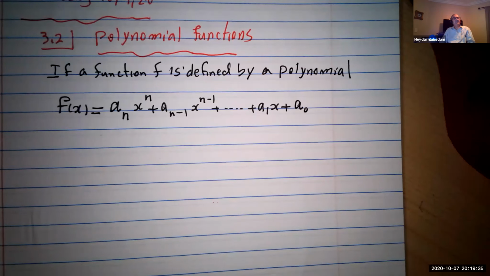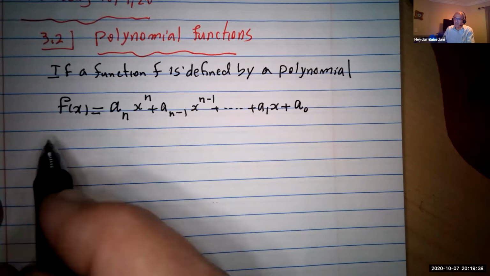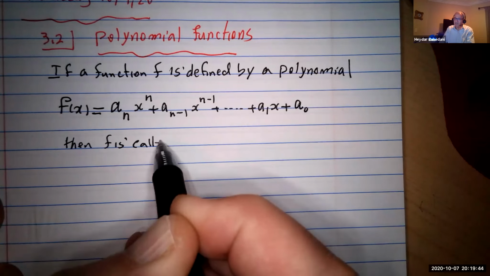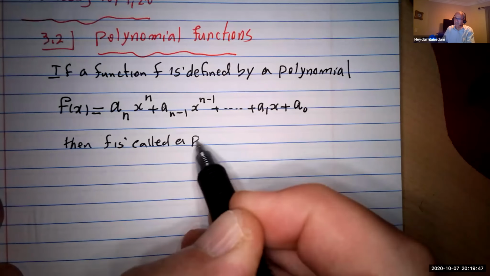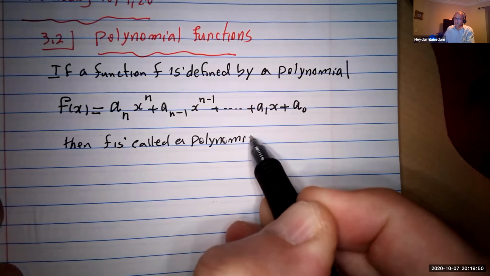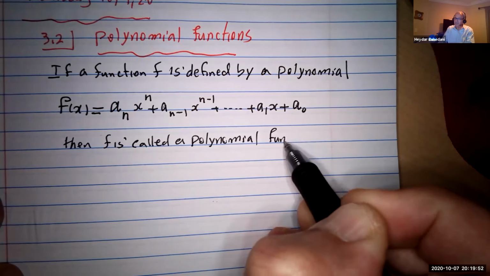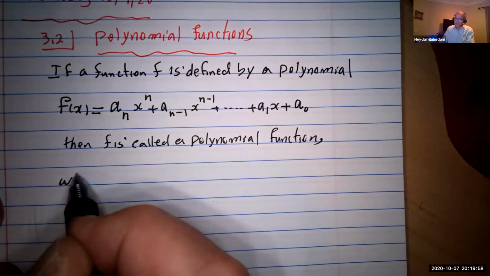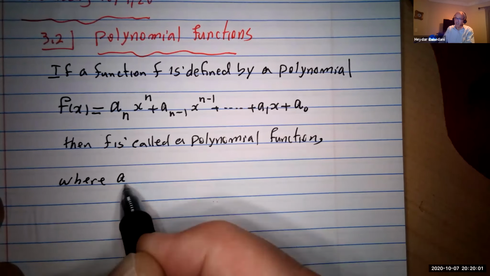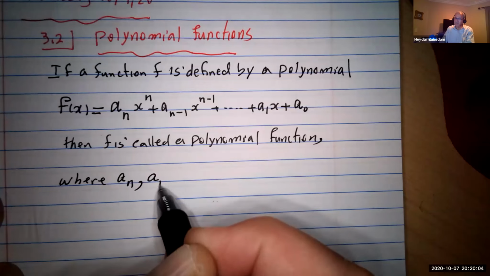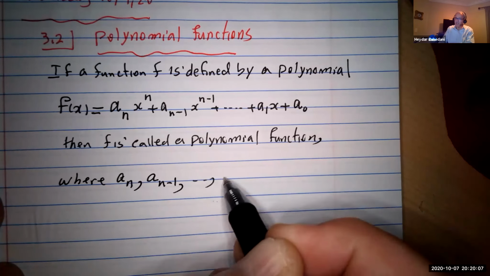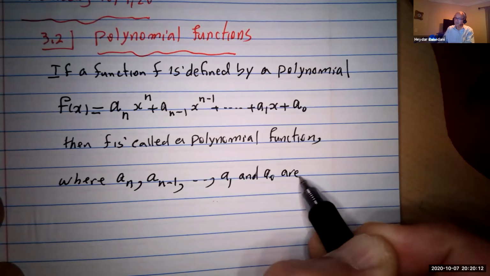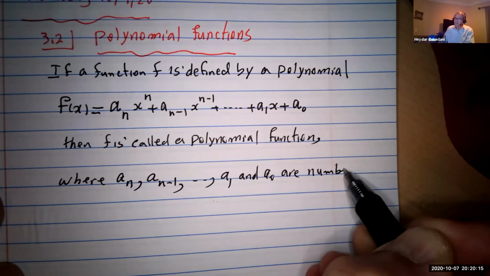If a function f is defined by a polynomial of this type, then f is called a polynomial function. Of course, the numbers an, an minus 1, and so on up to a1 and a0 are only numbers.